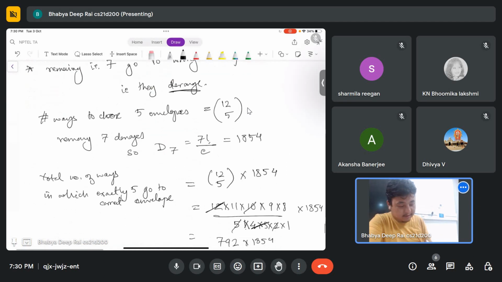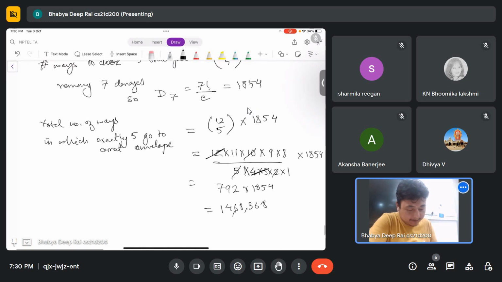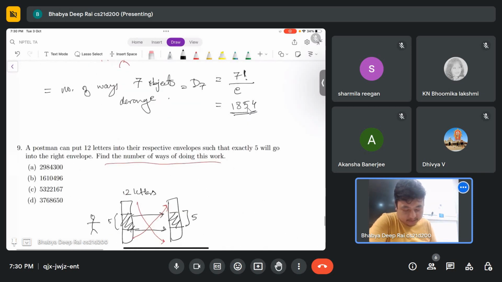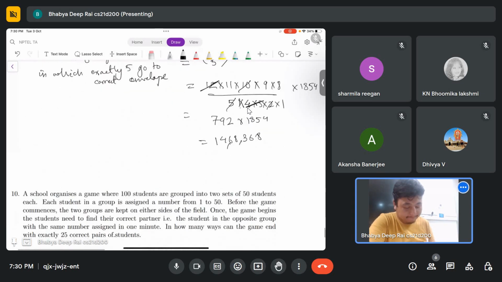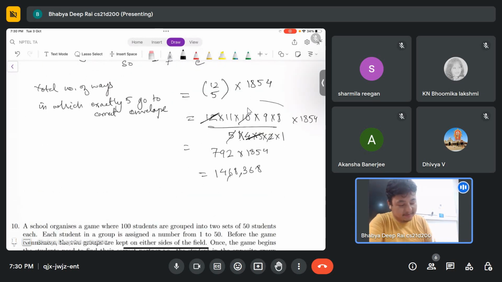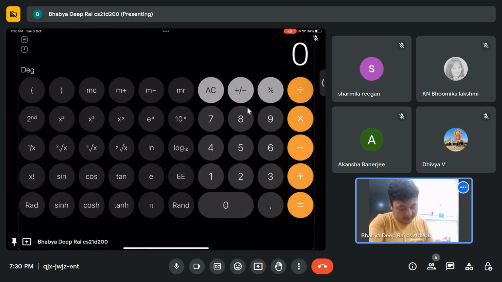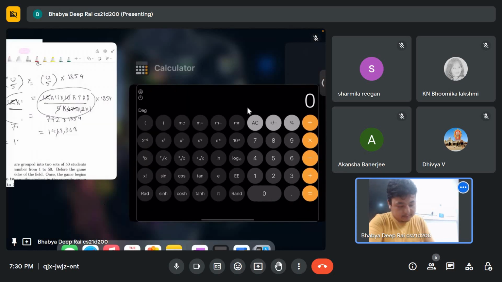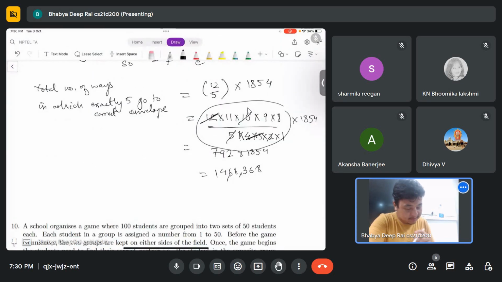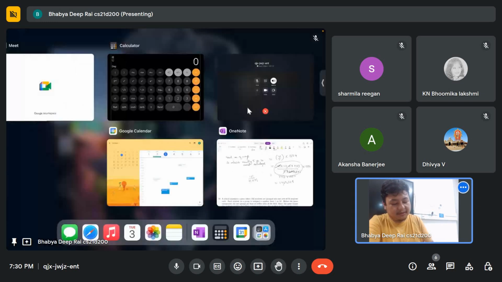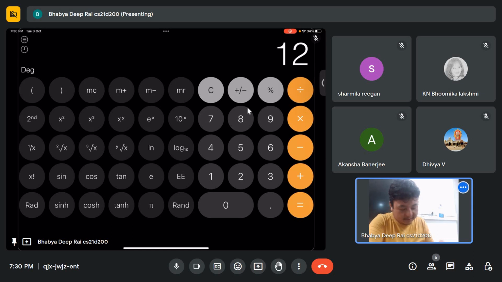Okay, there's a problem with this. I think there's a problem in calculating this. Is 12 choose 5 correct? It is 12 factorial divided by 5 factorial times 7 factorial.